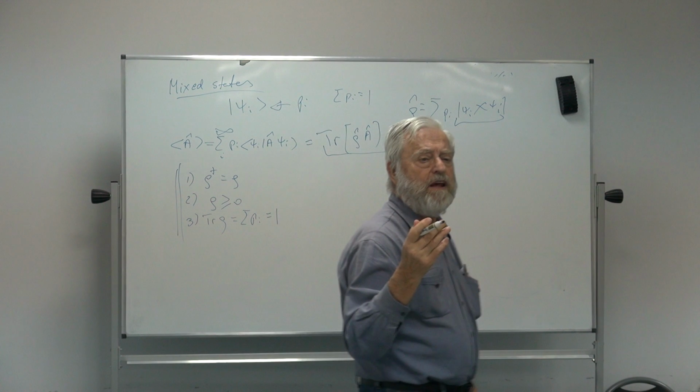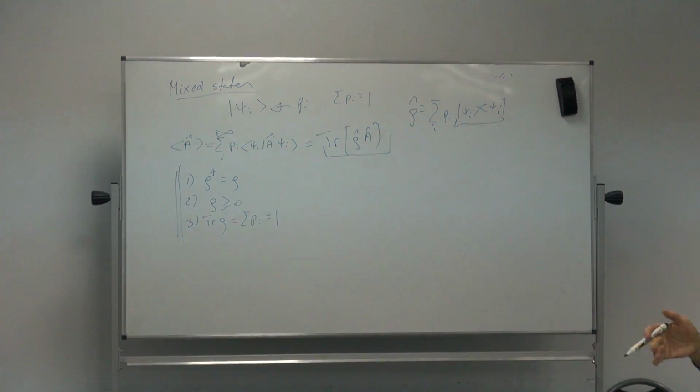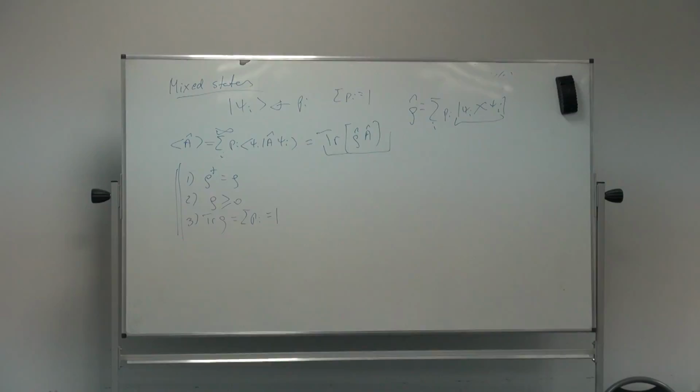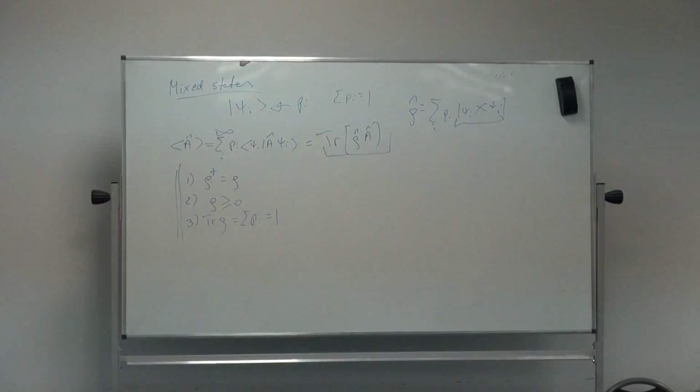Of course, many psi's we can construct, but rho is defined under a completely different assumption. Namely, that this is not a combination, that it's a mixture, that it's either psi1 or psi2 or psi3 with probability p1, p2, and p3 without any interferences.